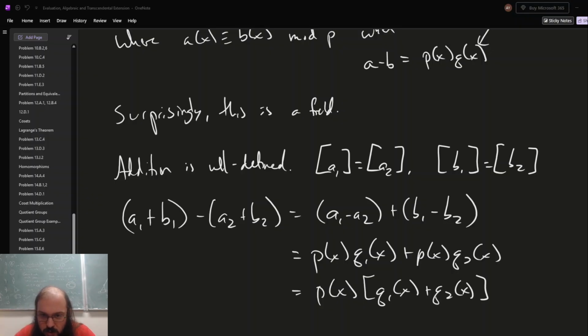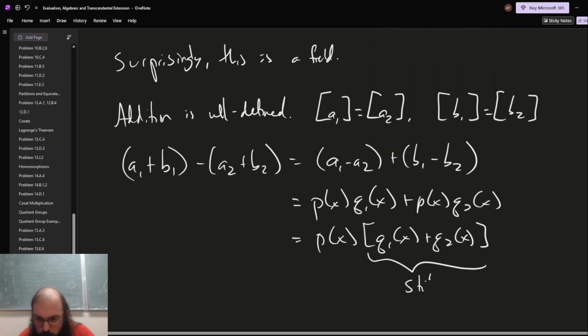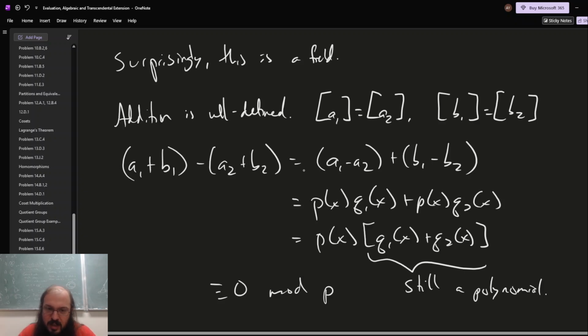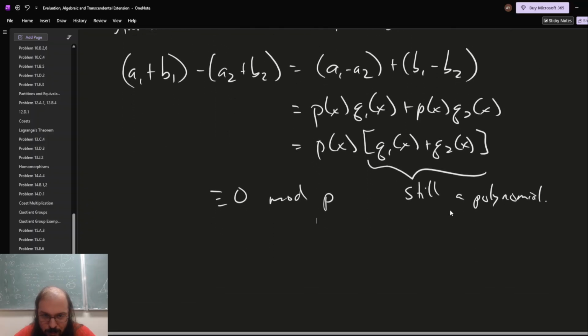Whatever this is, it's still a polynomial. And therefore this thing is equivalent to 0 mod p. So mod p, I've shown that the difference of these things is 0, which means this is well defined. Okay, now let's look at multiplication.